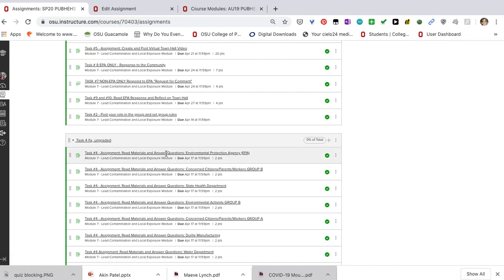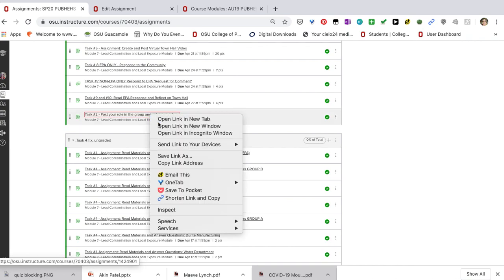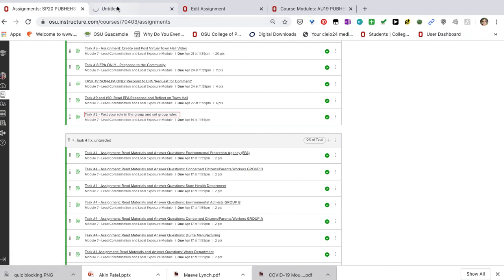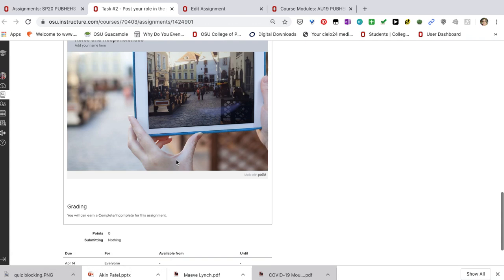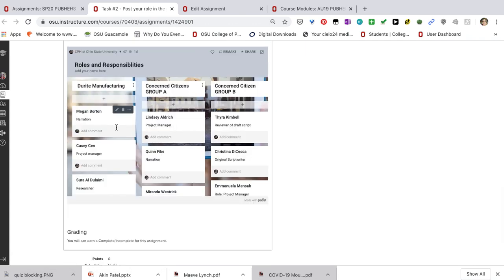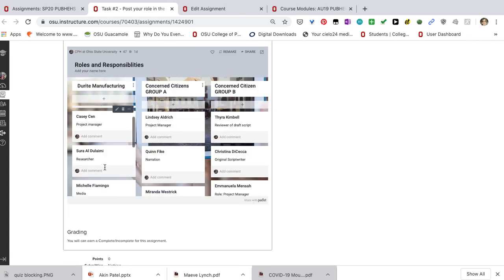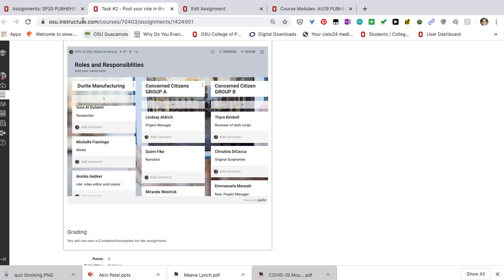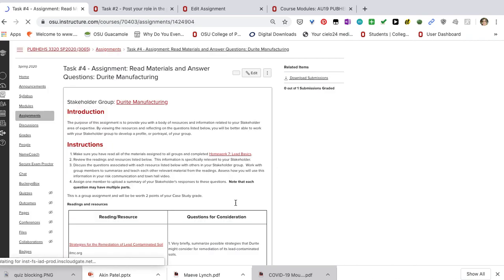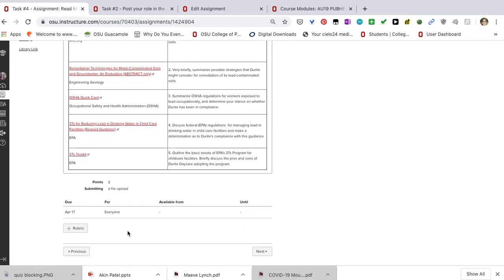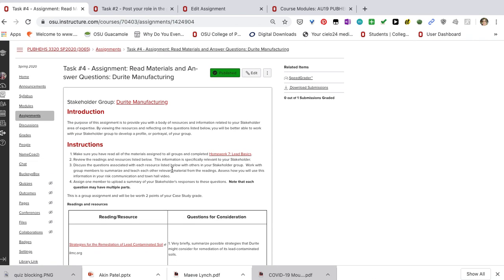Students that completed task 2, for example, Durite should have been Megan, Casey, Sarah, Michelle, Anika, and a couple other people. This should have been assigned to only those people, and it wasn't. It was assigned to everyone. So that's the other problem.